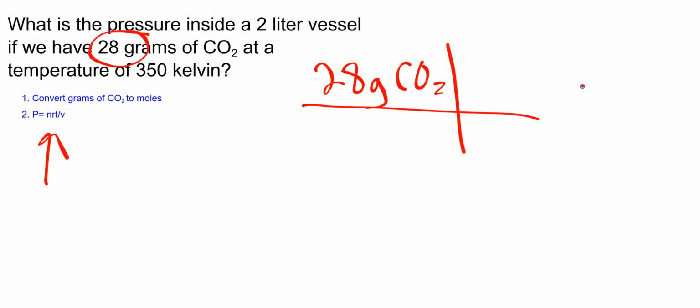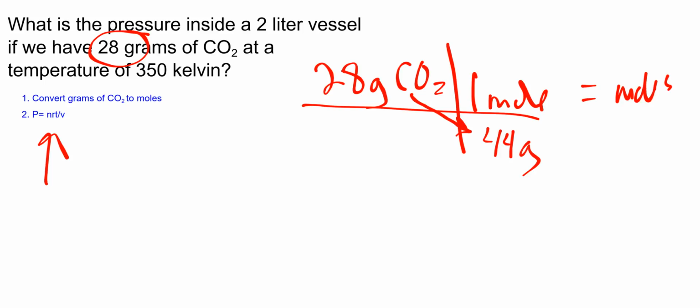So we just take our given. Again, I'm writing on a screen with my finger, that's a little bit tricky, so hopefully it looks okay. But if 28 grams of CO2, you want to end up with moles. So you just need to know the molar mass of CO2, and that's 44 grams per every 1 mole.